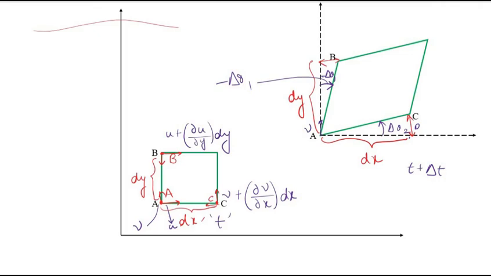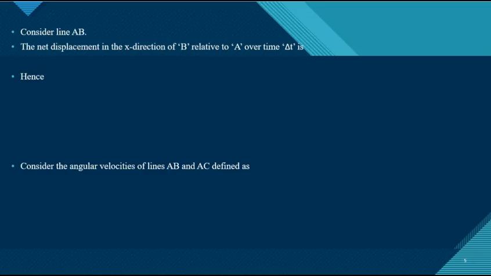So how are we going to have a look at this delta theta 1? Let us have a look. If I want to write how much in the x direction B has changed relative to A, what is the net displacement? It would be ∂u/∂y dy delta t.